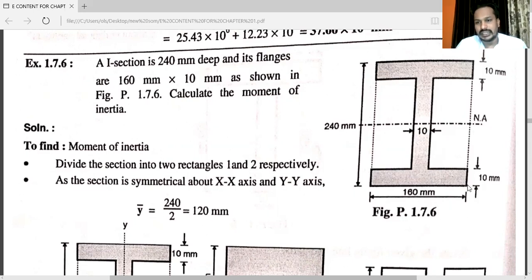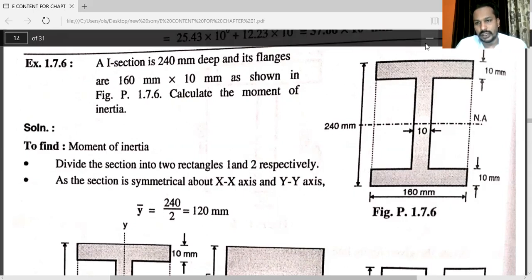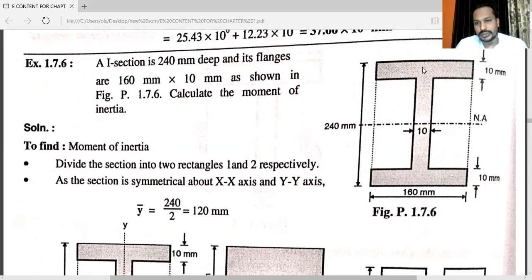It indicates that the diagram is symmetrical about the x-axis and y-axis. See, why am I saying the diagram is symmetrical about the x and y-axis? Because here we are considering the center lines, meaning the horizontal center line and vertical center line of the given diagram, as the vertical and horizontal axes.